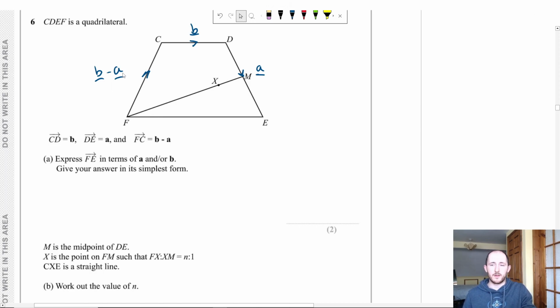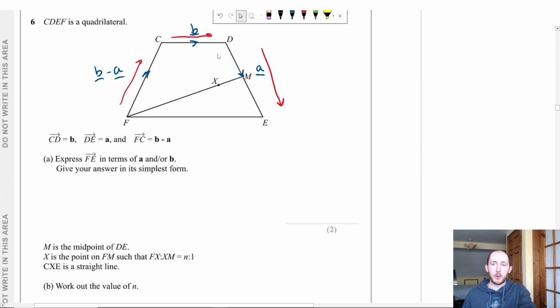You actually own, okay? So in this case, to work out what F to E is, we're going to have to go from F to C, from C to D, and then from D to E. So the first rule is you can only go along vectors you know or you can work out. The second rule is that if you go in the same direction as these vectors, as you can see I am, it's positive, you just add them as usual.